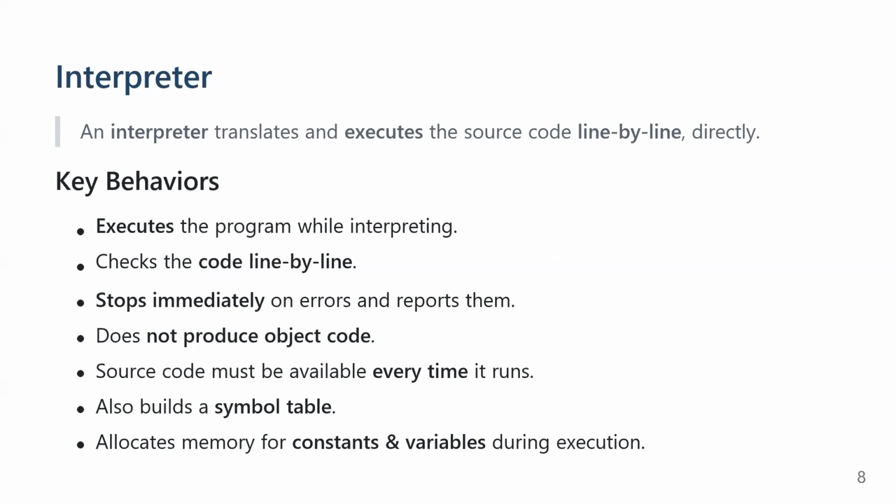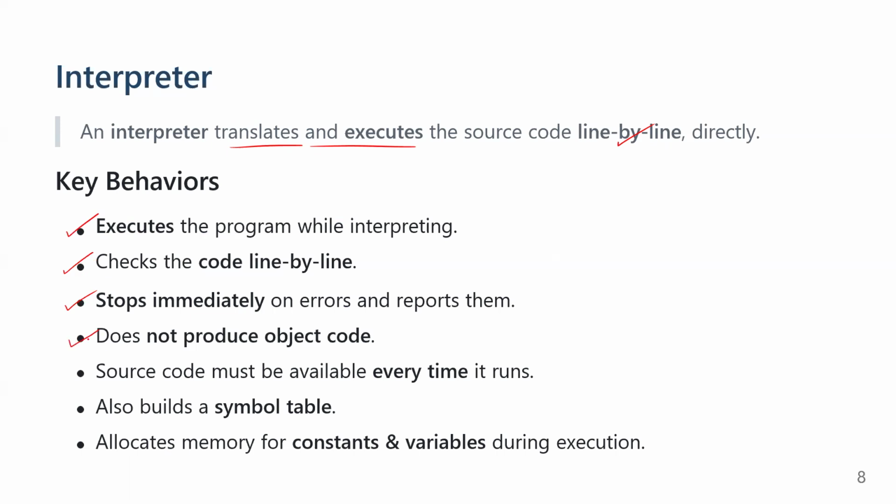Now, an interpreter is the contender or the rival of compilers, where interpreters translate and execute. Keep that in mind. It translates and executes source code line by line directly. And a key feature of interpreters is that it executes the program while interpreting. It checks the code line by line and stops immediately on errors and reports them.